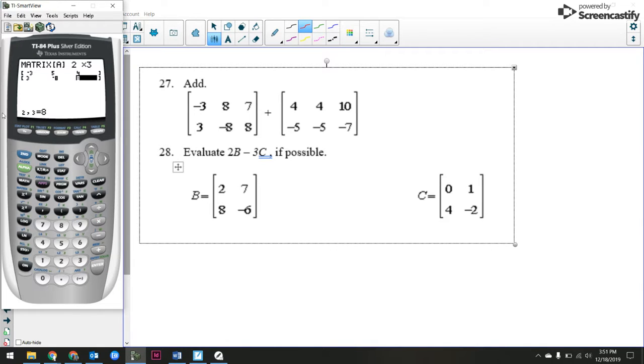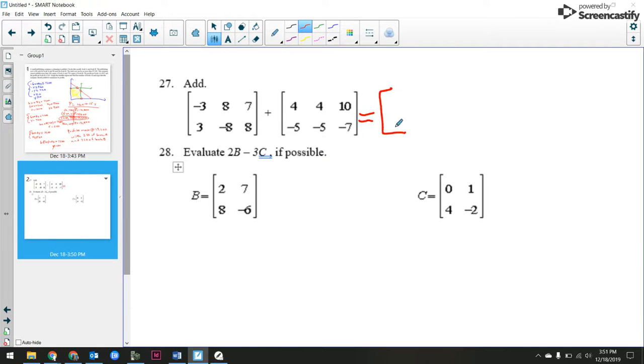Then I'm going to go to matrix B, which is another 2 by 3. Oh, why didn't I just add these together? Whatever, I'm bailing. This is just adding: -3 plus 4 is 1, 8 plus 4 is 12, 7 plus 10 is 17, 3 plus -5 is -2, -8 plus -5 is -13, and 8 plus -7 is 1.